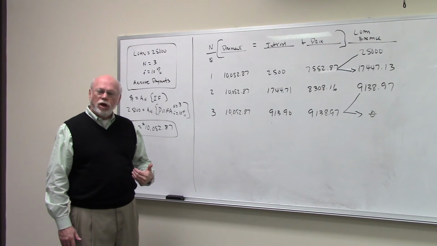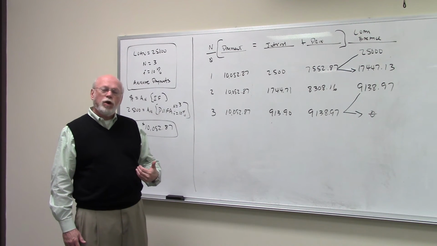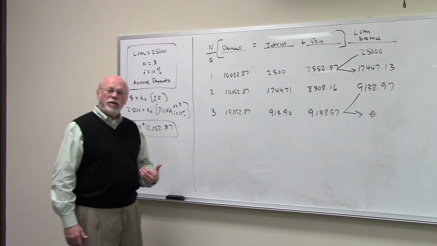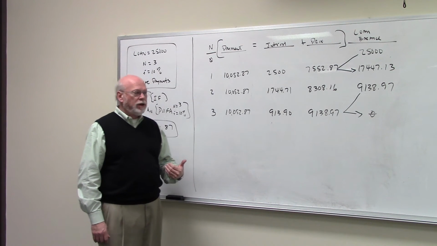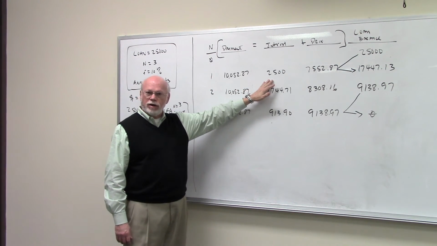So we start the loan at time period 0 owing the bank $25,000. We use that much of their money for a year before we make our first payment. They're going to charge us 10% interest per year. 10% of $25,000 is $2,500.